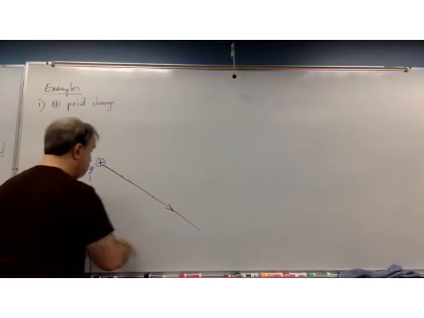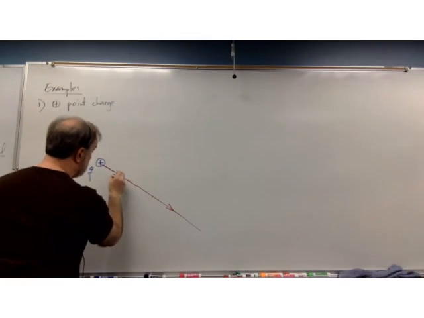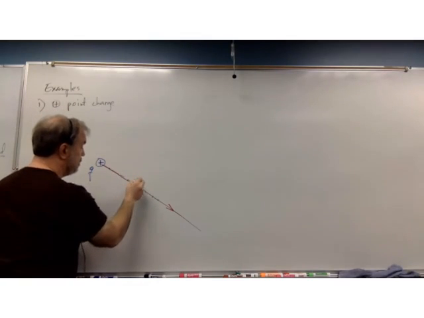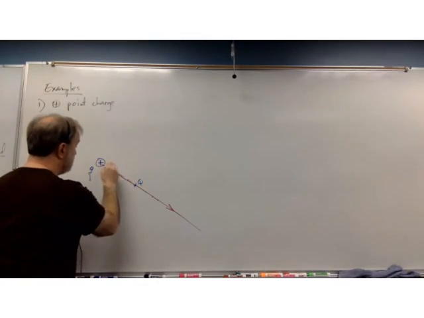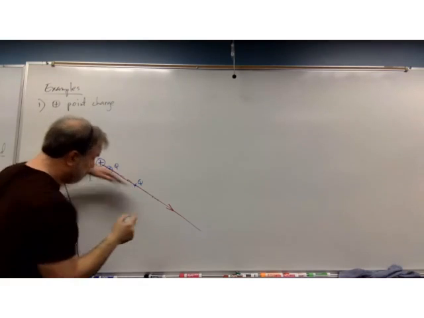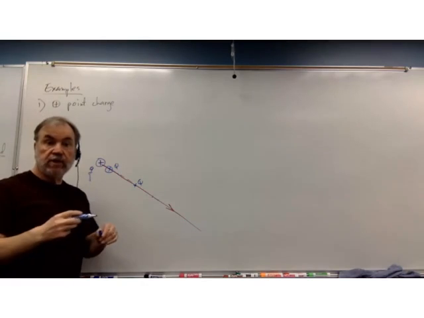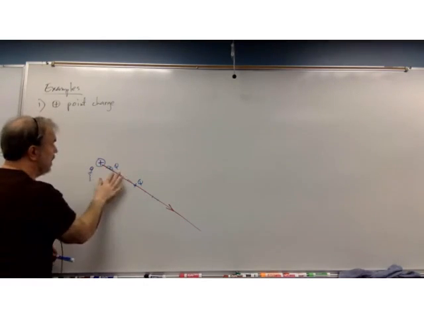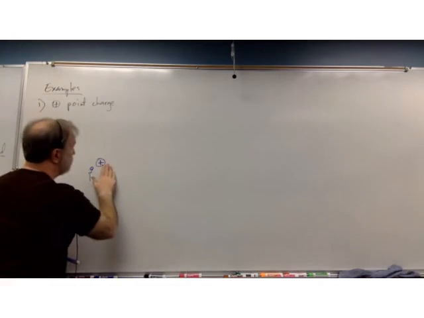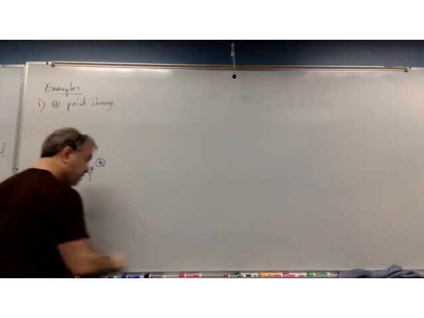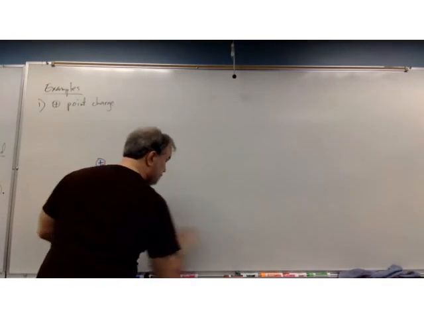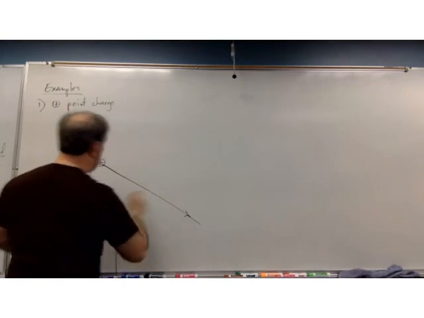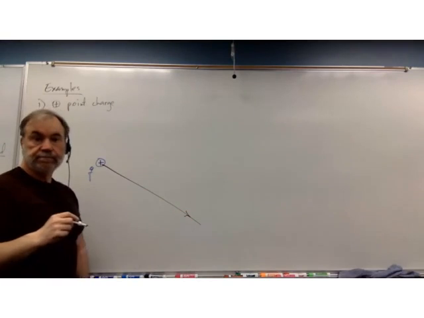And it doesn't matter where on this field line I put capital Q. No matter where I put it, the force on it would always point this way, and so therefore, by definition, the direction of the electric field of little q is also pointing that way. All right? So instead of the force, I say that's the direction of the electric field.